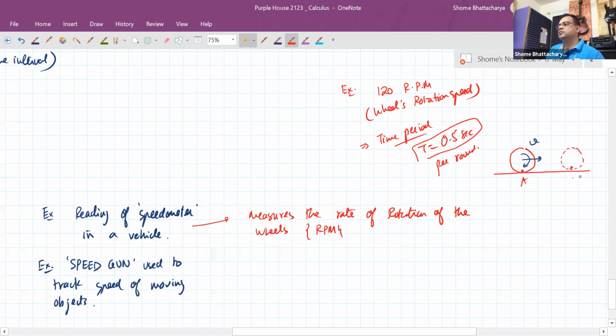It reaches here. So what is this distance it travels? It travels a distance 2 pi r. Does it make sense? Yes, sir. It travels a distance of 2 pi r, where r is the radius of the wheel.